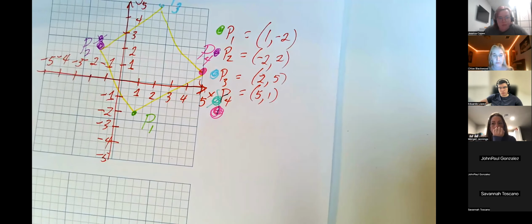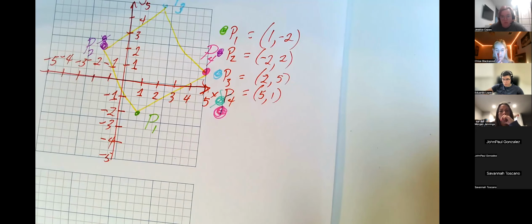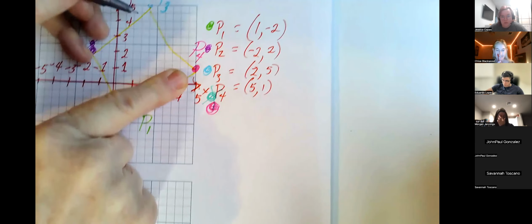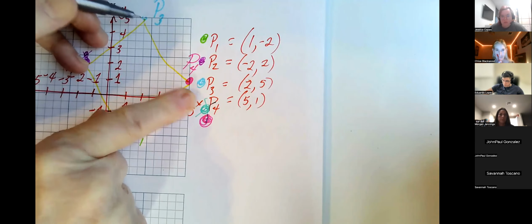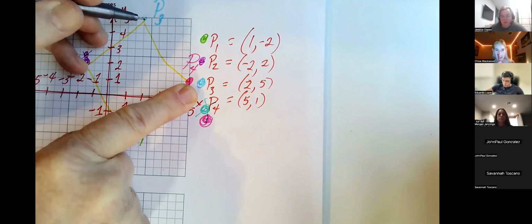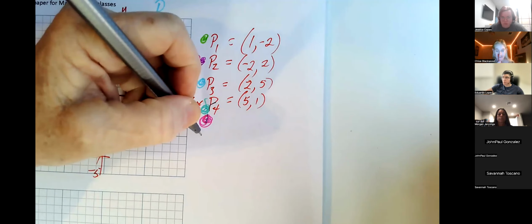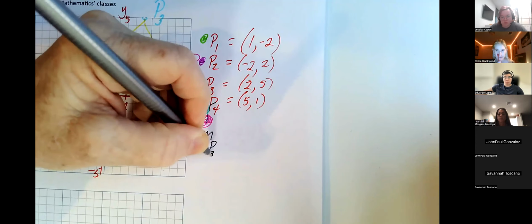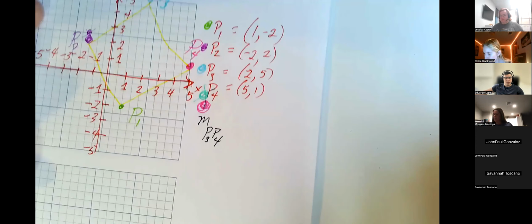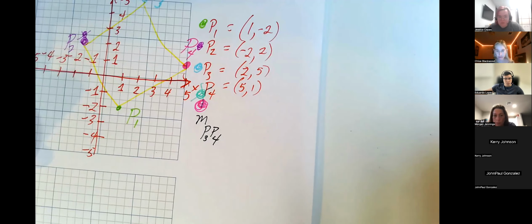So we want to find the slope between P3 and P4 and the distance between P3 and P4.